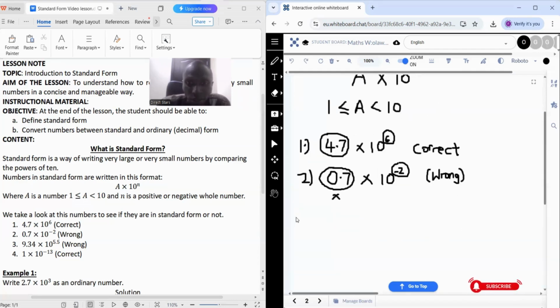Let's look at the third number. We have 9.34 multiplied by 10 raised to the power 5.5.